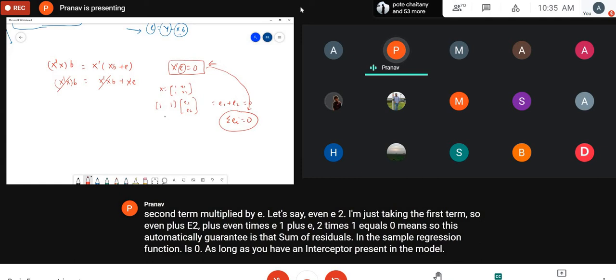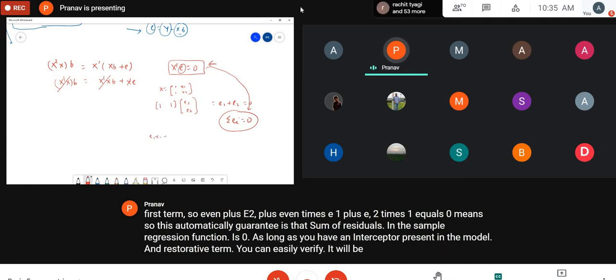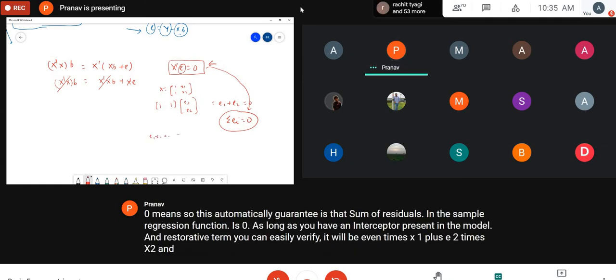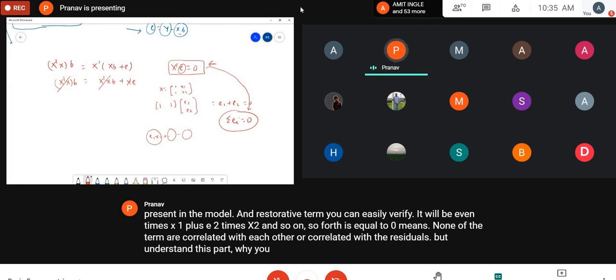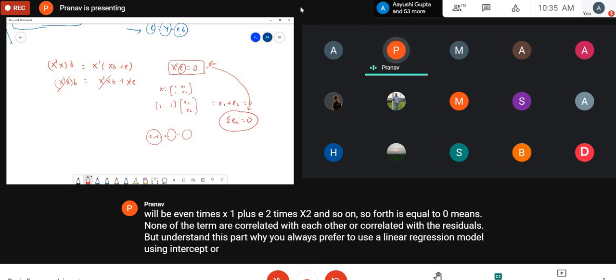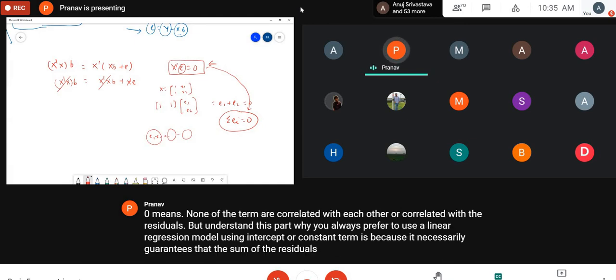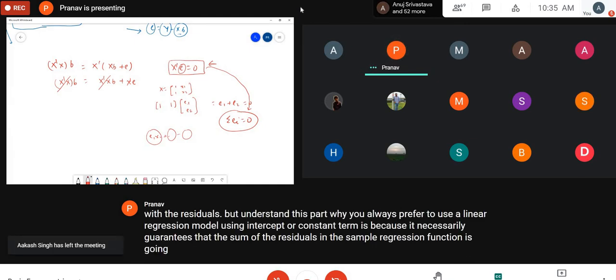And for the rest you can easily verify it will be e1 times x1 plus e2 times x2 and so on is equal to 0, meaning none of the terms are correlated with the residuals. But understand this part: why you always prefer to use a linear regression model with an intercept or constant term is because it necessarily guarantees that the sum of the residuals in the sample regression function is going to be 0.